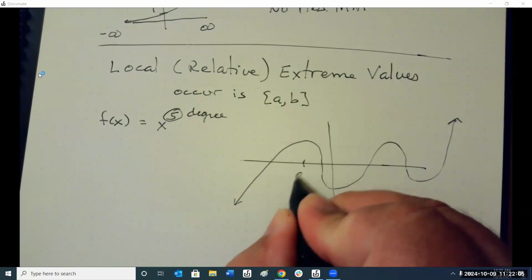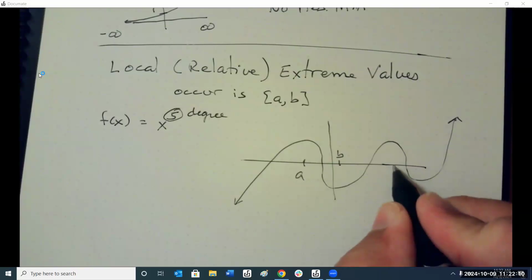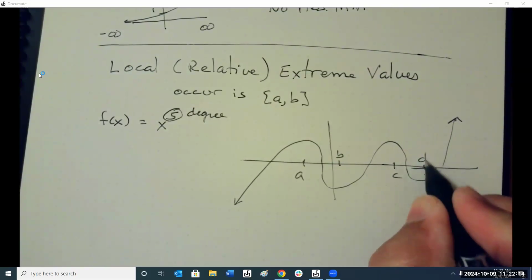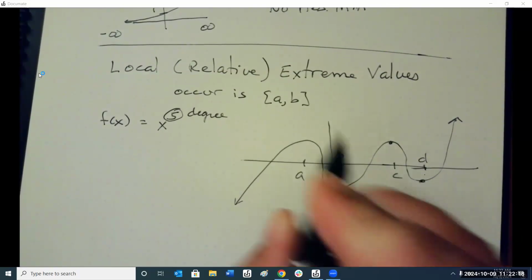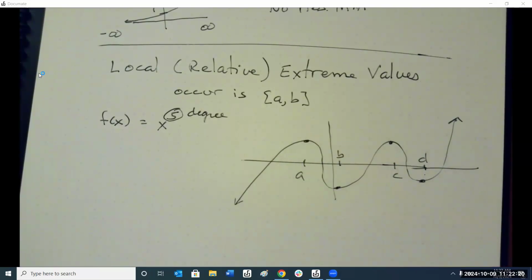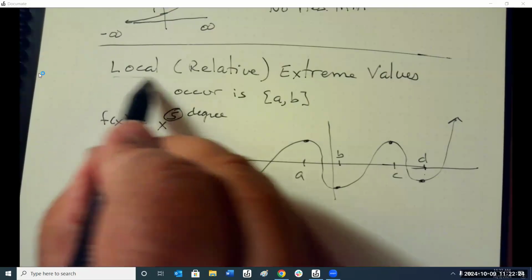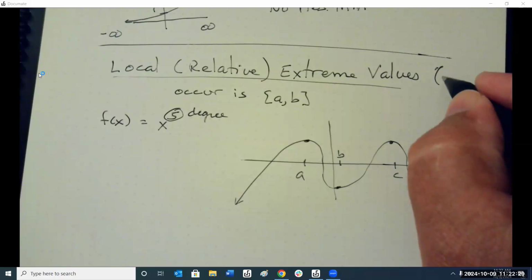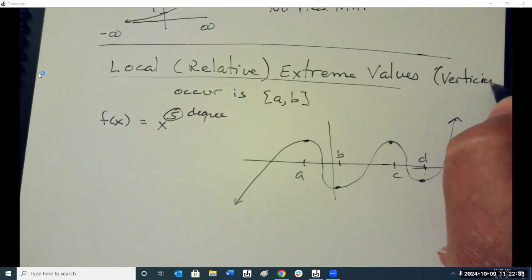Where we have A, B, C, D, we have points at these places. Local extreme values, in algebra, are called vertices.